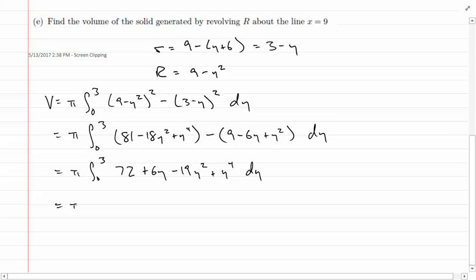Now we can integrate. We'd have 72y plus 3y squared minus 19 thirds y cubed plus y to the fifth over 5, evaluated from 0 to 3.